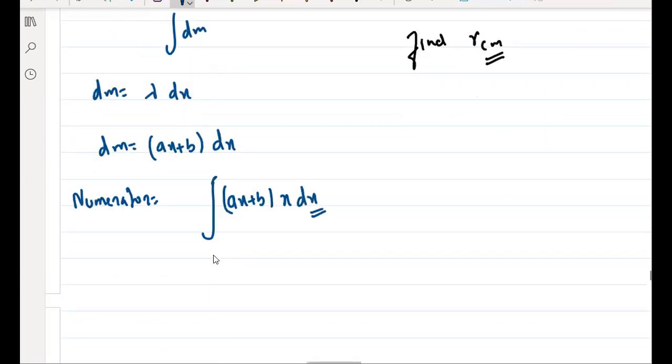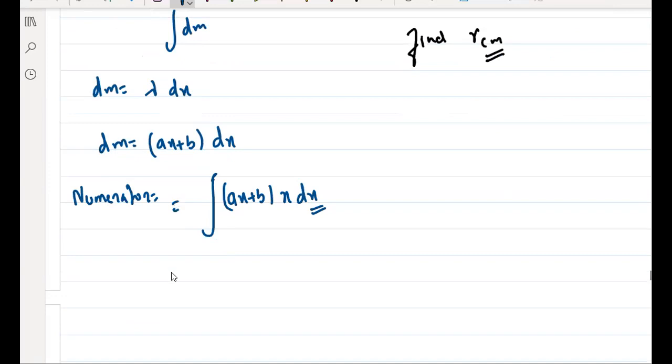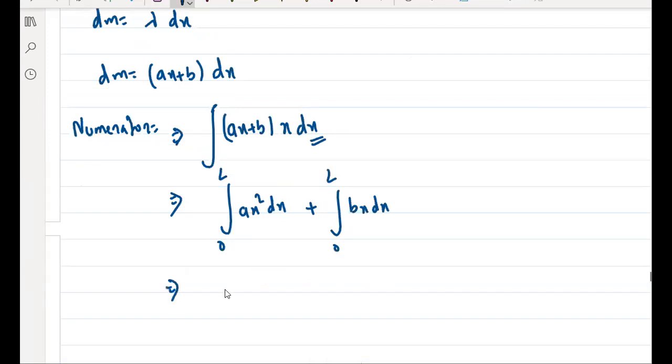Now I hope all of you remember the concept of integration. We will use property 1, using the distributive property: integration of ax squared dx plus integration of bx dx, from 0 to L. Here a is constant, so I'll take it out: a integration of x squared dx plus b integration of x dx.